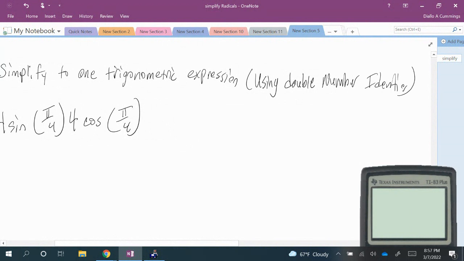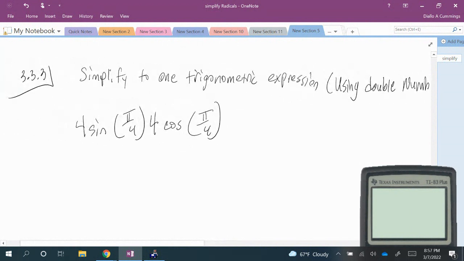Using double number identities wasn't actually in the problem, but since this is coming out of the double number section, we're using the double number formula to help solve it.